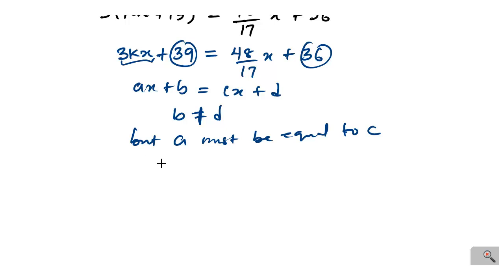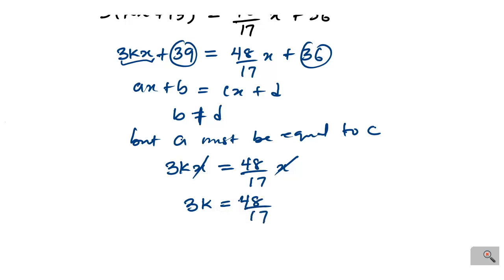So if we equate them, we are going to be having 3kx is equal to 48 over 17x. So x would cancel x. So we have 3k is equal to 48 over 17.